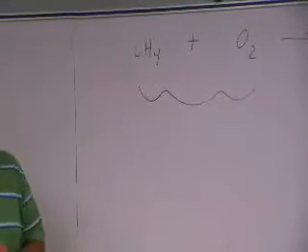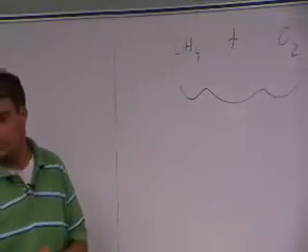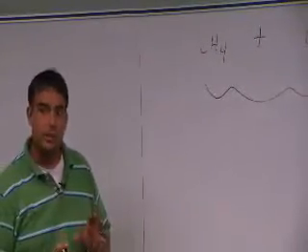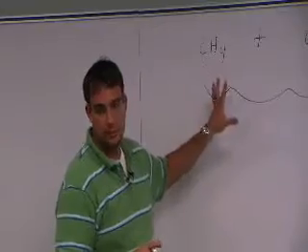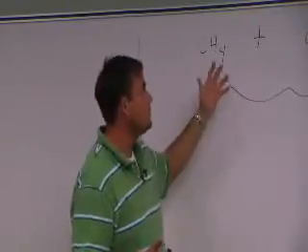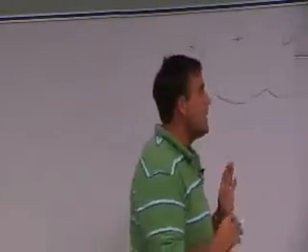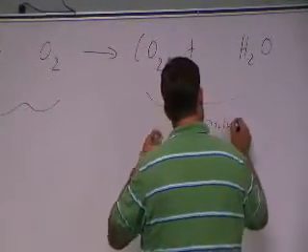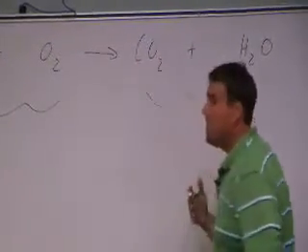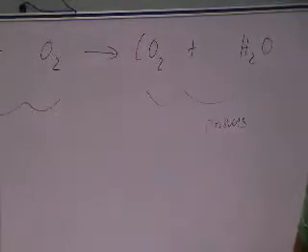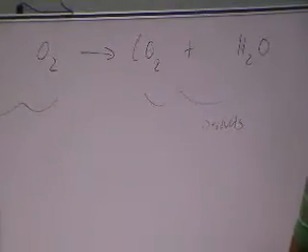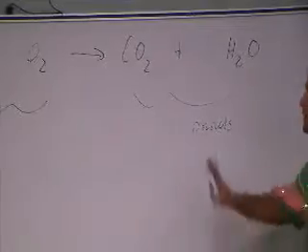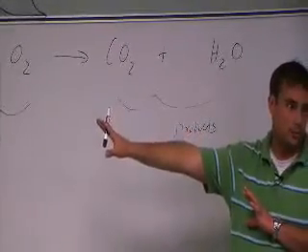Sometimes people call these reagents, but whatever, that's what you mix together. So when you burn something, you mix together methane and oxygen. And everything on the right-hand side is called the products. That is what is formed. In other words, they were not there to start with, or if they were, it was not because of this particular reaction.